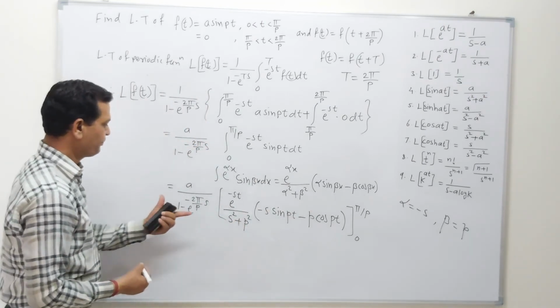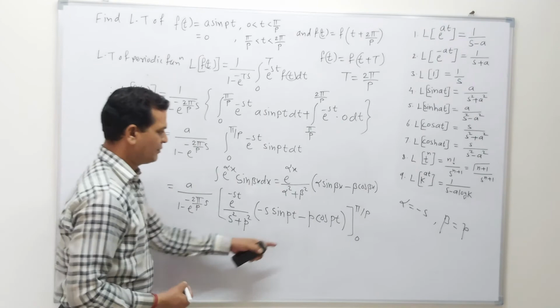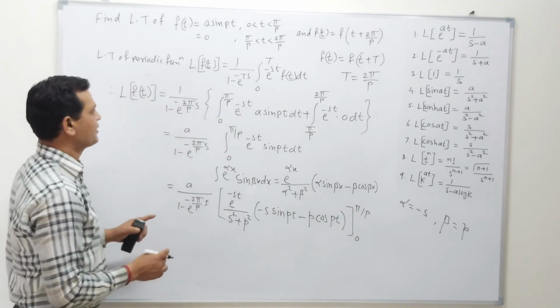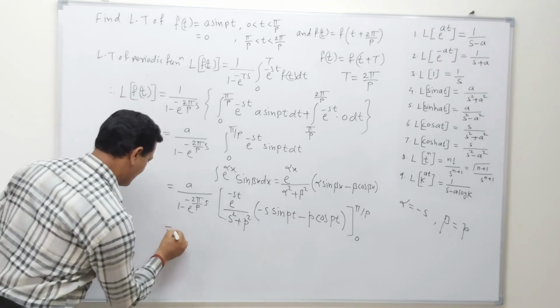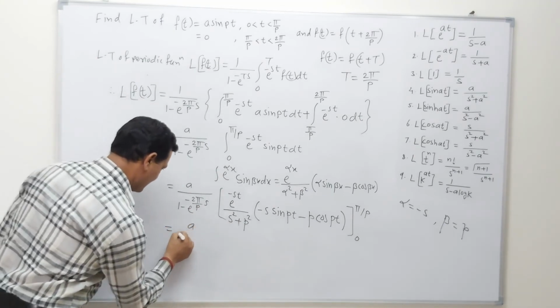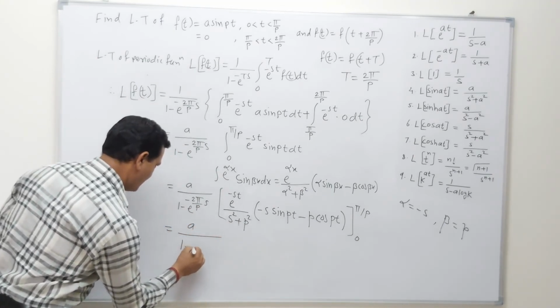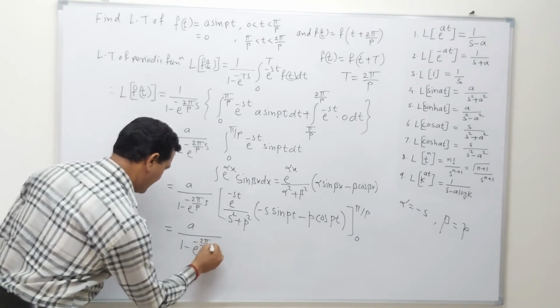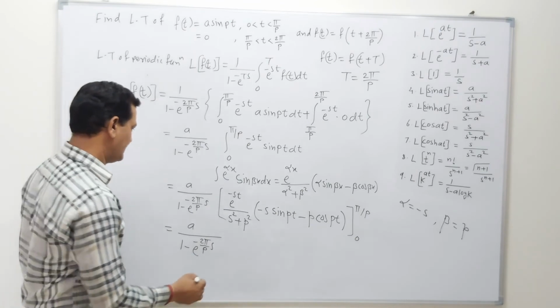Now the next step is to solve this integration. To solve this integration means put the value of the upper limit and put the value of the lower limit. To understand this concept clearly, we can write the next step as a upon 1 minus e raised to minus 2π upon p into s as it is.